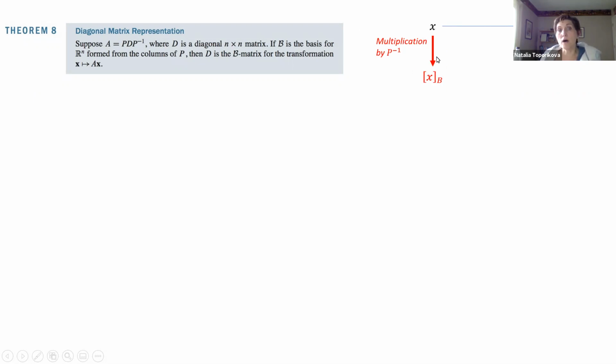In other words, we multiply it by the inverse of our matrix P. What we get is the same vector x, but now written in a different basis. Then we can carry out the linear transformation by multiplying by the easier diagonal matrix D, and we get our image, Ax, written in the basis B. Then, of course, we can go back to our original representation of our image by multiplying by the matrix P.